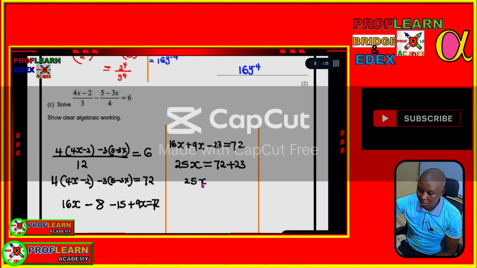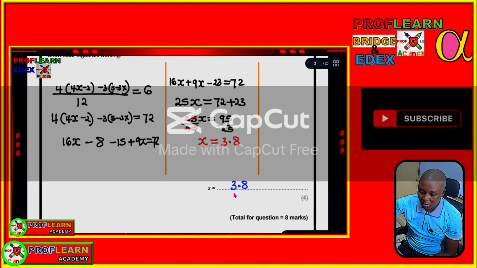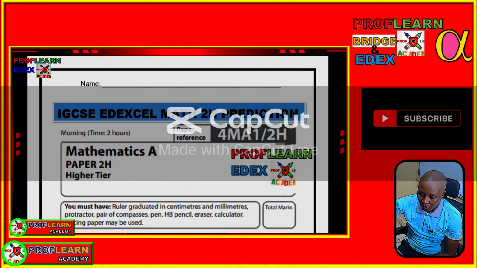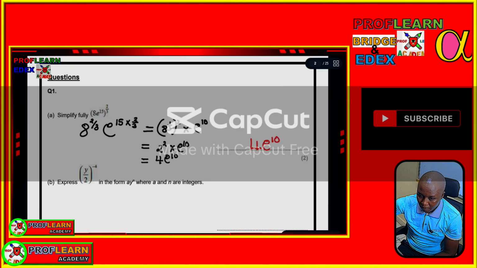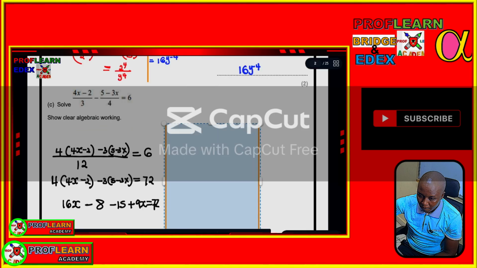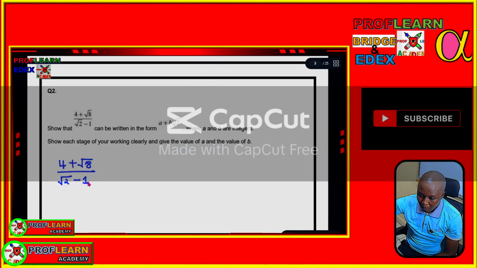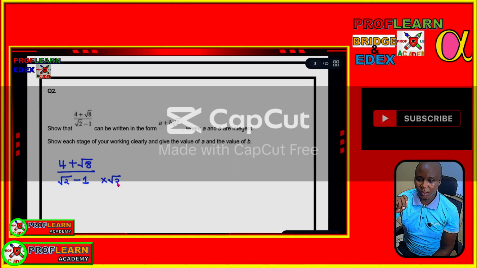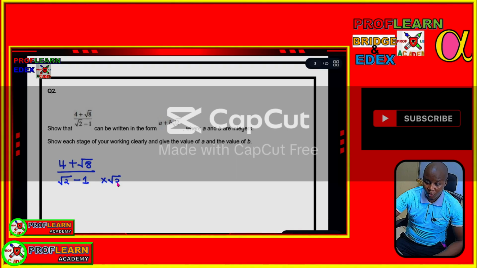So also we need to look at question number 2, and we said in question 2, which is (4 + 3√8) over (3√2 − 1), to work that out, what you need to realize is you need to find the conjugate.